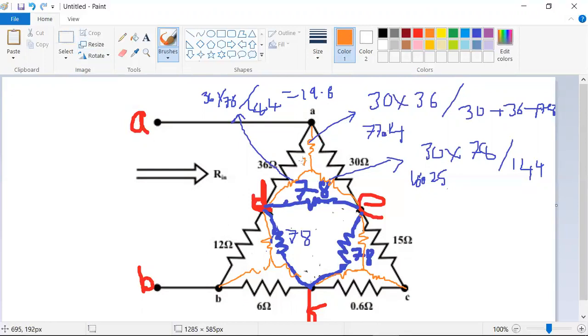This is 77.4. And this is 77.4. This is 16.25. This is 19.5. Let me remove the rest of the elements.